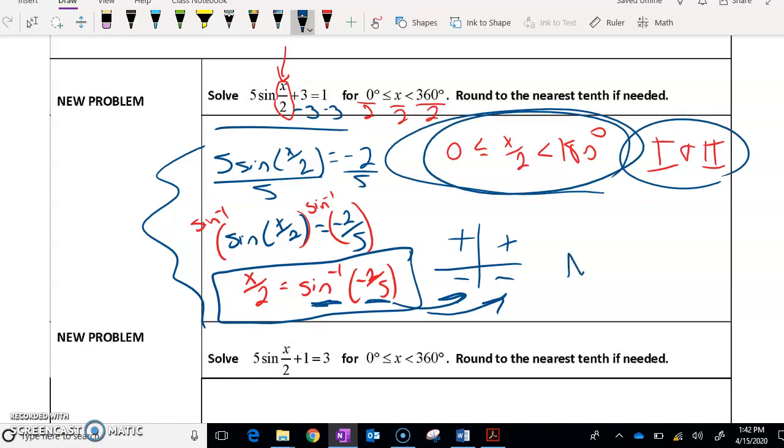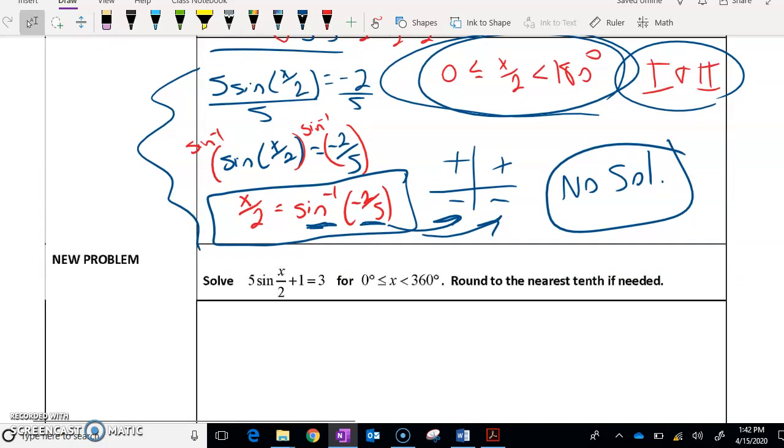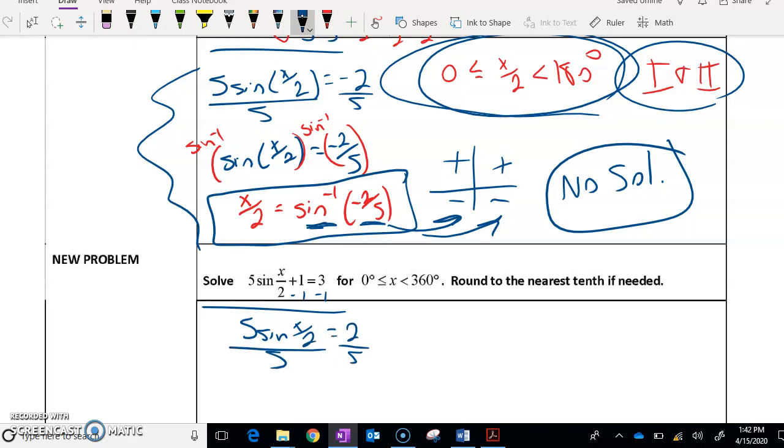So if you have a case like this and it doesn't match up, it's just no solution. So if you'll notice down here, this one, when I subtract the 1 and then divide by 5, I'm going to get a positive number. So I want you to go ahead and take this one further and see what you can do with it.